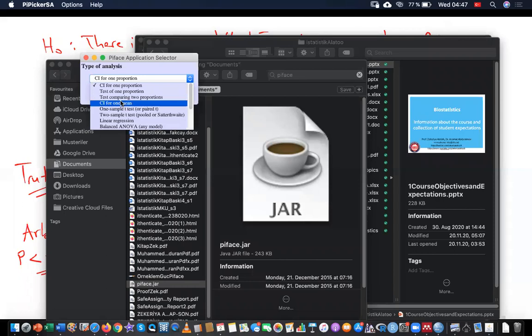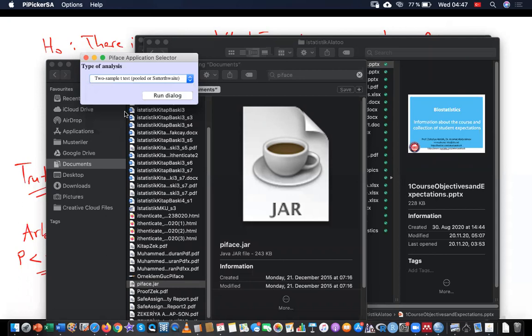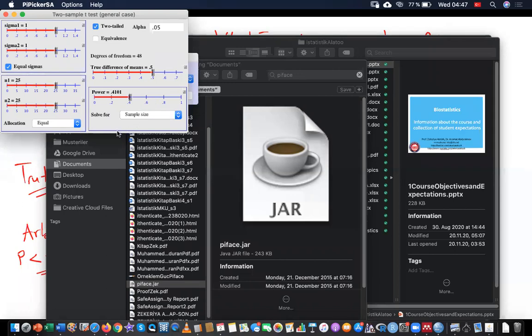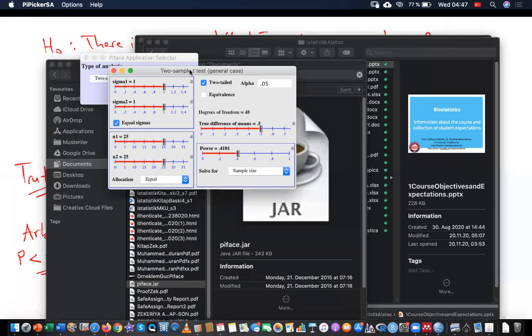Let us assume we want to make a two-sample t-test. Two-sample t-test means we want to compare numerical data between two groups. You know this.